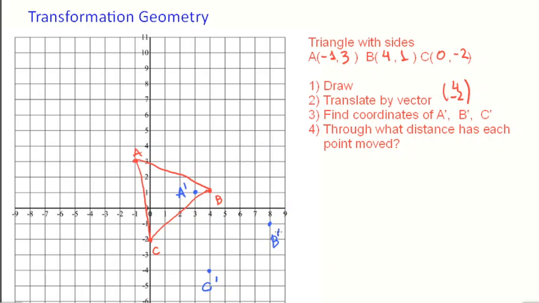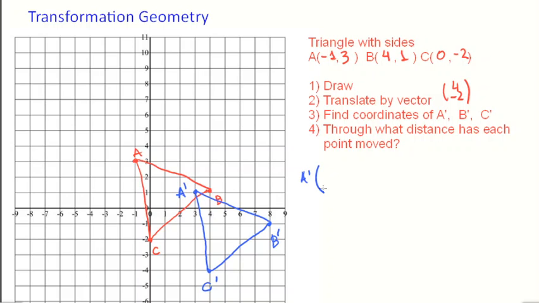Again, remember that we didn't actually have to draw if the question didn't ask us to. We could just easily calculate the coordinates of those points by using the vector.